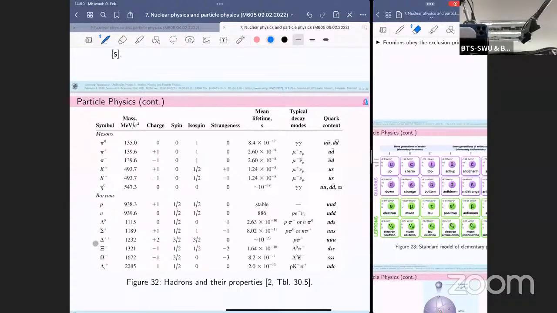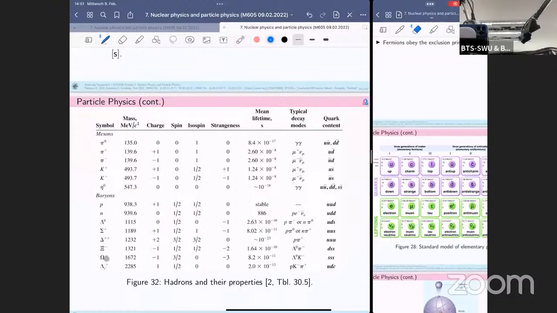And the delta plus contains only 3 up quarks. That could also happen. And the xi negative hyperon is composed of 1 down quark and 2 strange quarks.